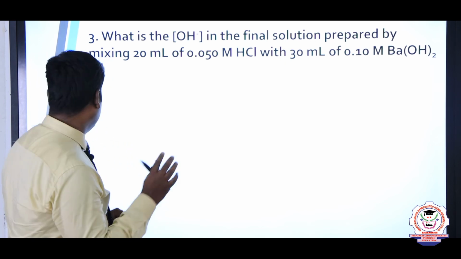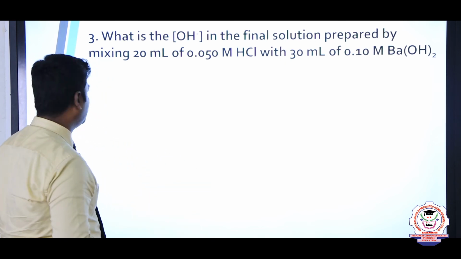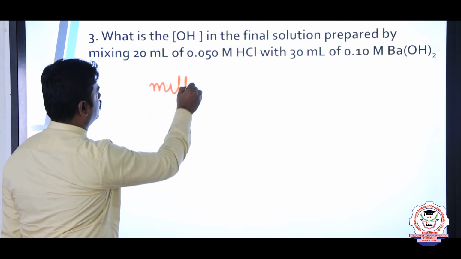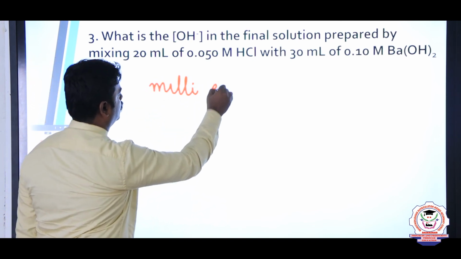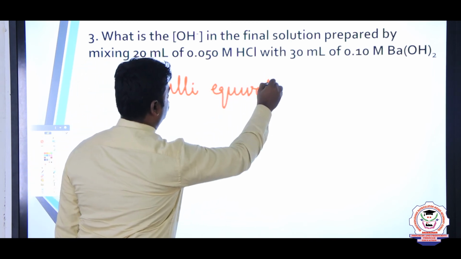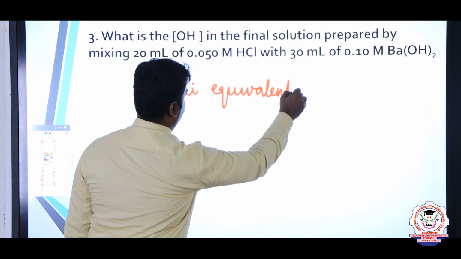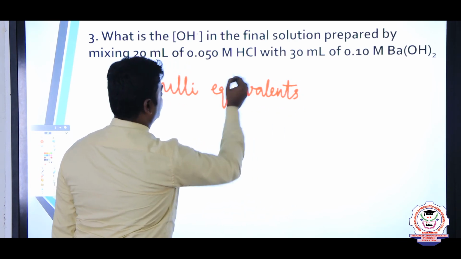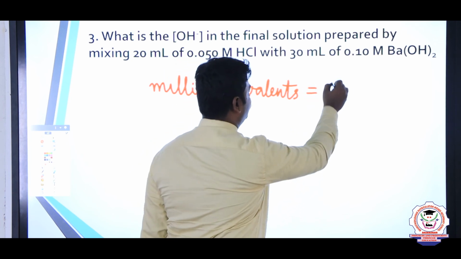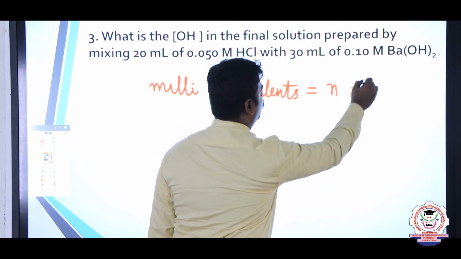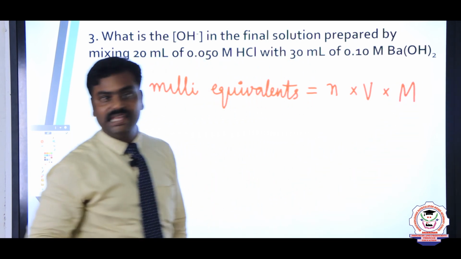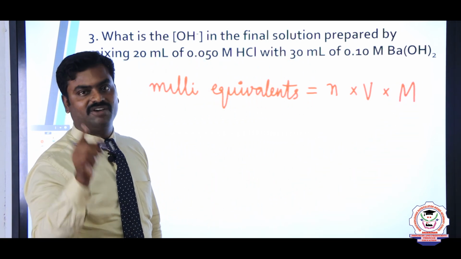Okay, milli equivalents. How to find out milli equivalents? That is equal to n factor into volume into molarity. So this is the equation to find out the number of milli equivalents.